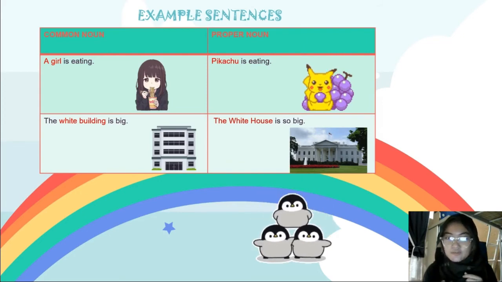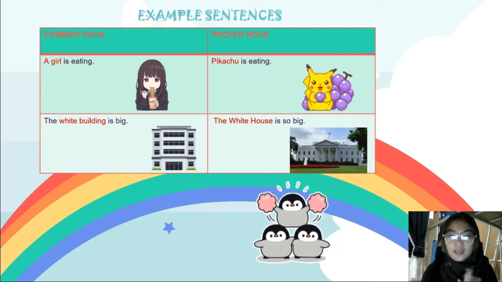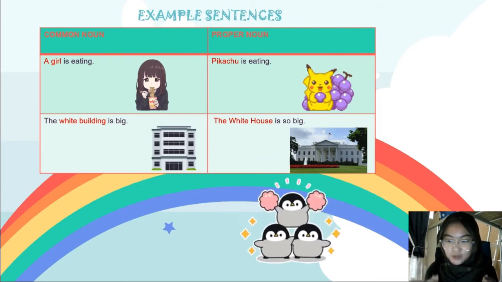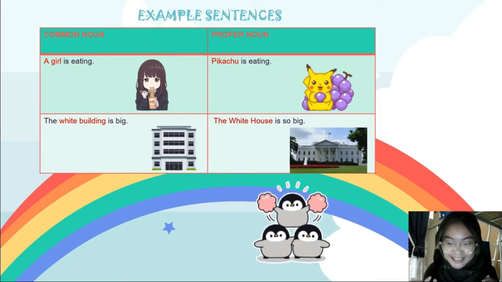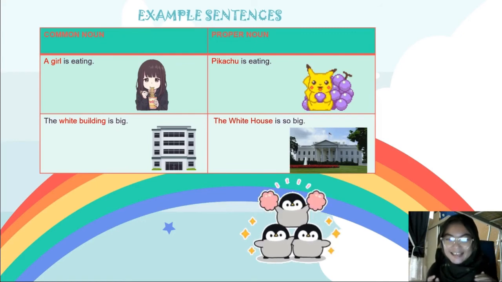Now let's move on to the proper nouns examples. The first one is: Pikachu is eating. I am sure every one of you here knows who Pikachu is, right? Yes, it is a cartoon character.